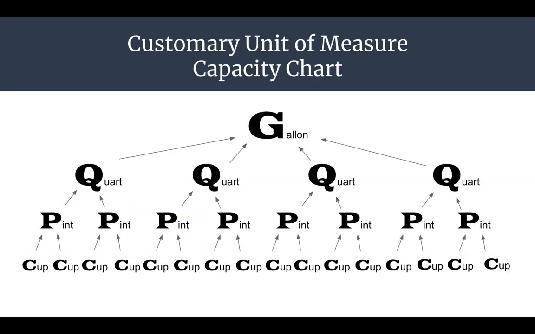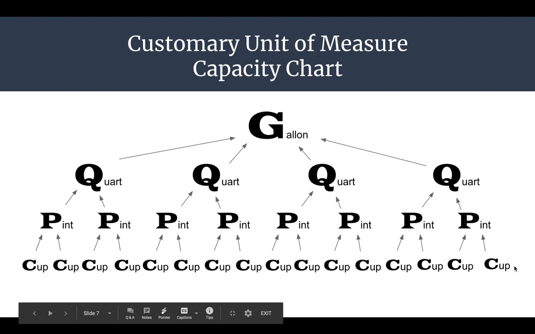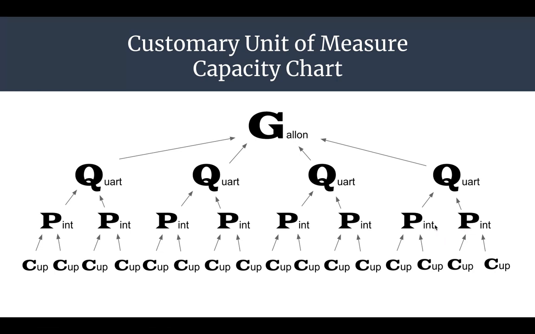Now, if we look at our customary unit of measure capacity chart, we will see a lot of letters here. But what we want to notice is that the smallest customary unit is cups. And remember what we said, that 2 cups equal 1 pint, 2 pints equal 1 quart, and 4 quarts equal 1 gallon.